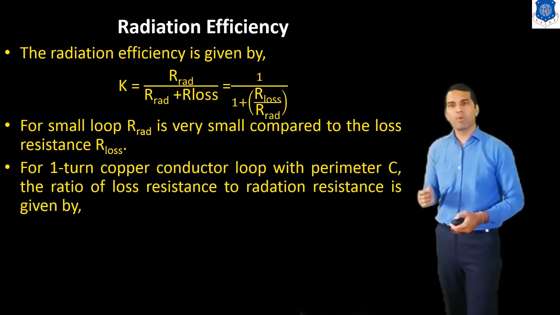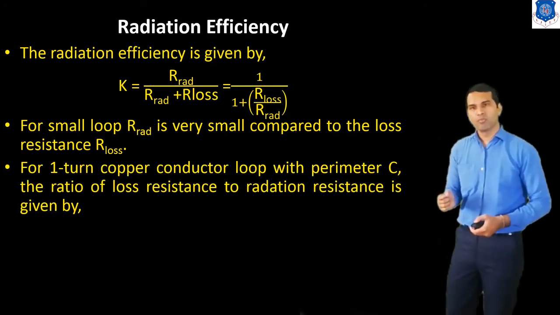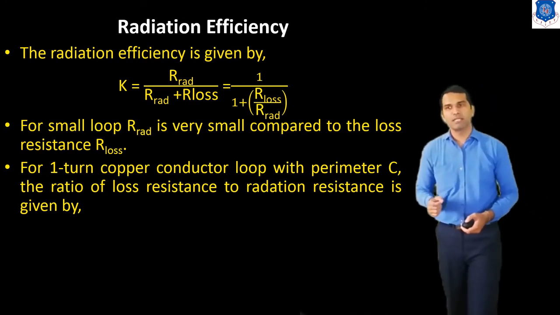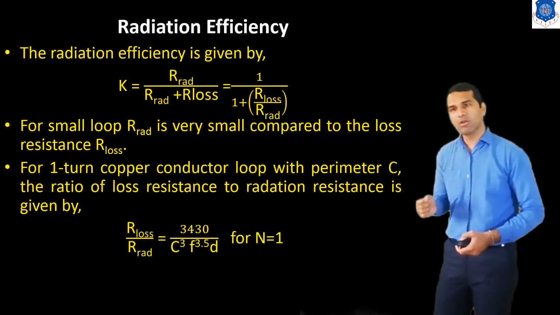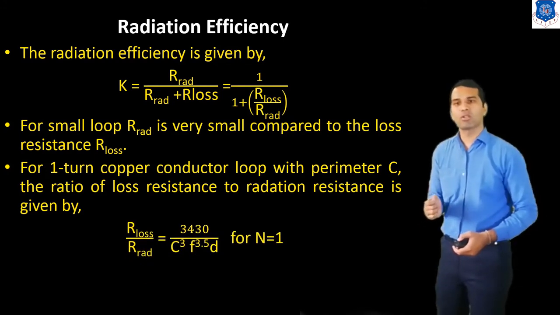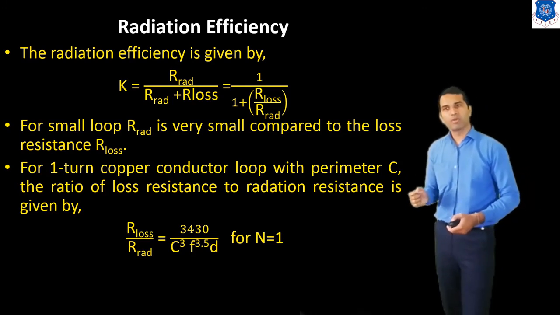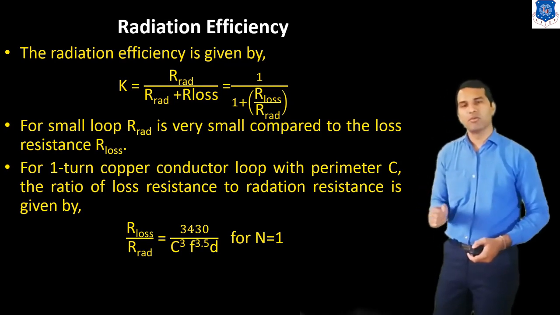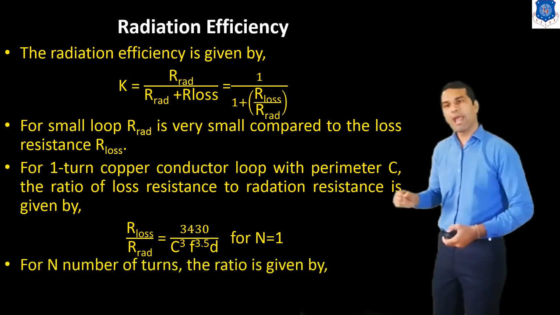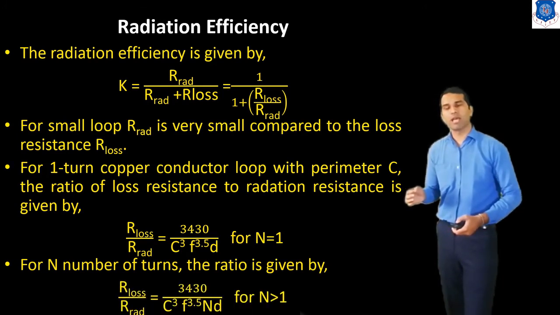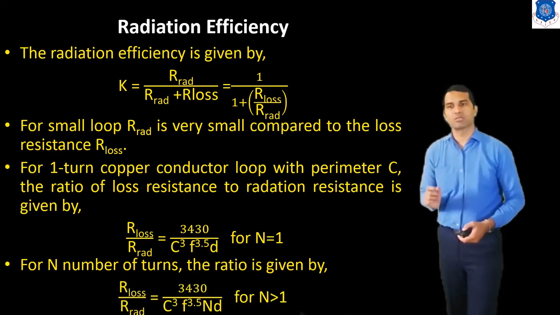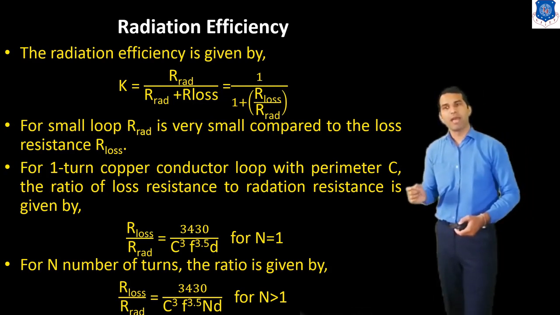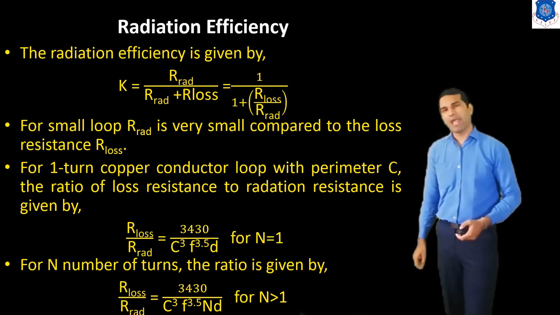For a 1 turn copper conductor loop with circumference C, the ratio of the loss resistance to radiation resistance is given by R loss upon R radiate is equal to 3430 C cube, f raised to 3.5, over D, for n equal to 1. For n number of turns, the ratio is given as R loss upon R radiate is equal to 3430 C cube, f raised to 3.5, over n into D, for n greater than 1.